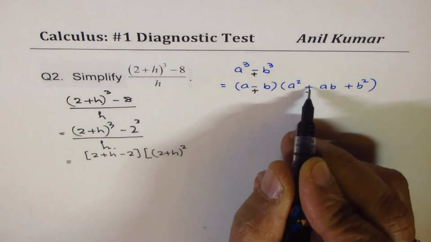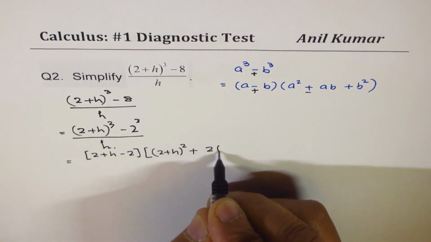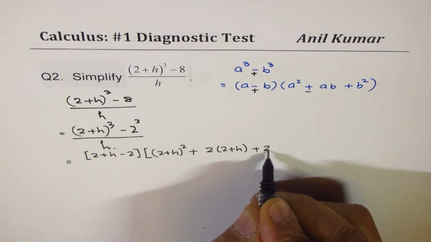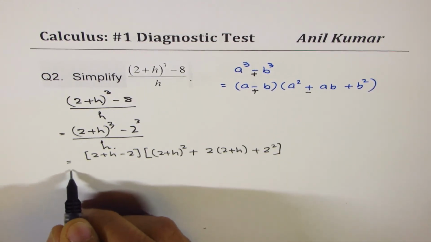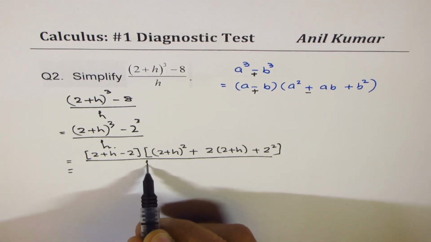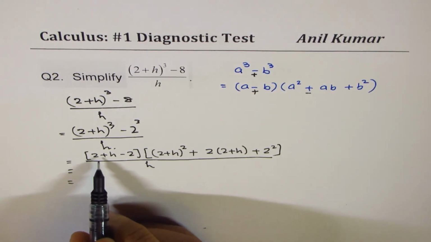Now we use minus, we'll use plus here. Product of these two, that means 2 times (2 plus h), plus 2 square. That's what we get, correct? So let's expand it over h, of course. So we have simplified this one.